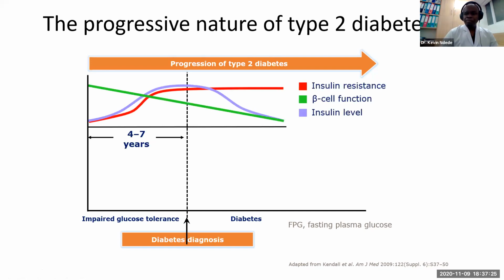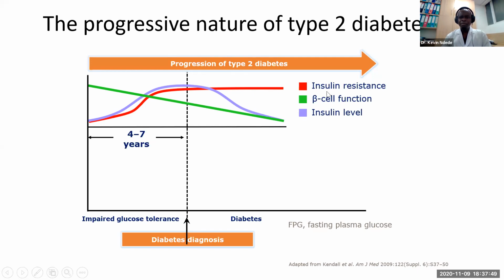Now, the alterations in the biochemical milieu of these patients occur at several levels. So if we begin with the pancreas, we can see the graphs over here. On the x-axis is the time axis, and on the y-axis is the value of the various parameters.